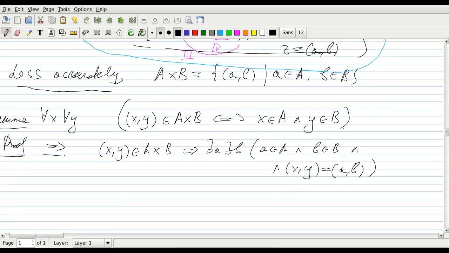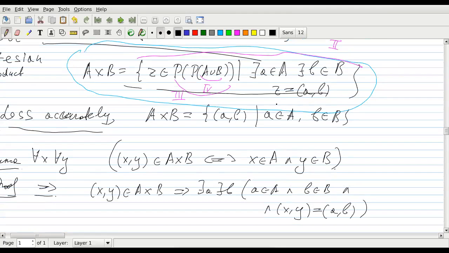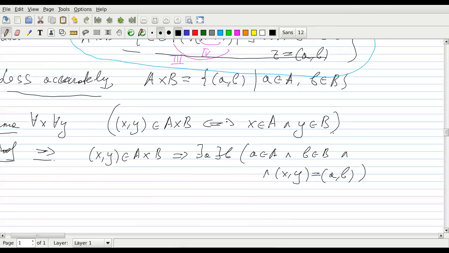Is it clear? Yes. This is strictly according to our definition. But now we want to apply our pair equality criterion.